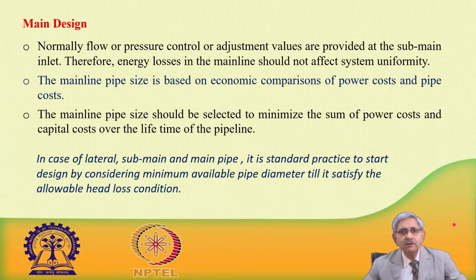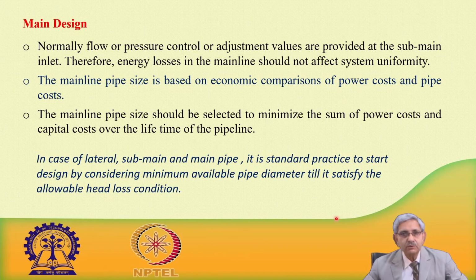Main pipeline should be selected so as to minimize the sum of the power cost and capital cost over the lifetime of the pipeline. In case of lateral pipeline, submain pipeline and main pipeline, it is standard practice to start design by considering the minimum available pipe diameter until it satisfies the allowable head loss condition.